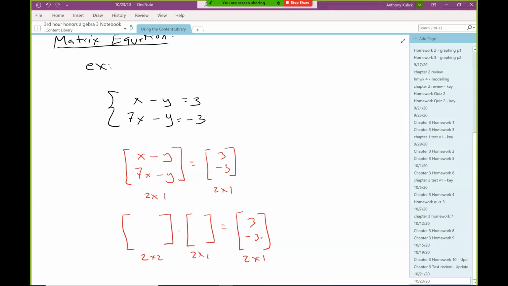And what I want is my 2 by 1 matrix to have only variables in it, and my 2 by 2 matrix to have only numbers in it. So my 2 by 1 is just going to have x and y because those are the only variables that are in it.